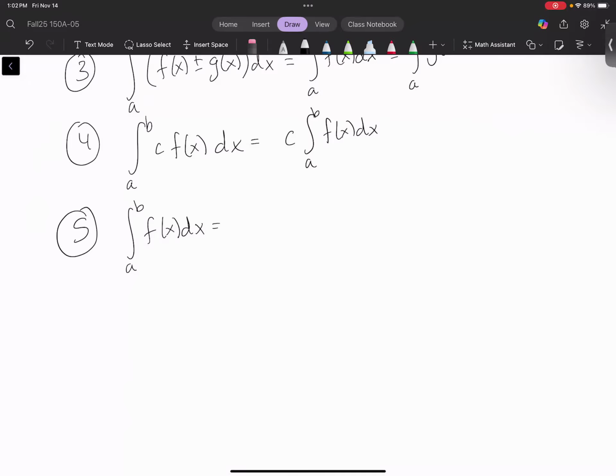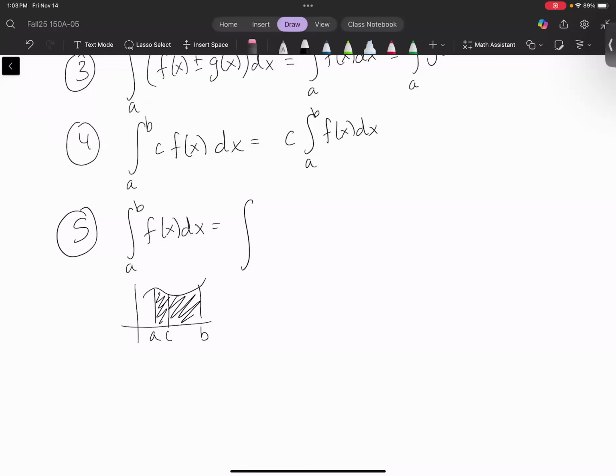But if you think about doing an integral going from A to B, that's the same as going from A to some point in the middle, and then from that point in the middle to B, right? If I have an integral of a function, A to B, well, I could just cut it wherever I want at some point C. And if I do the integral of both those parts separately, that's still the same thing.